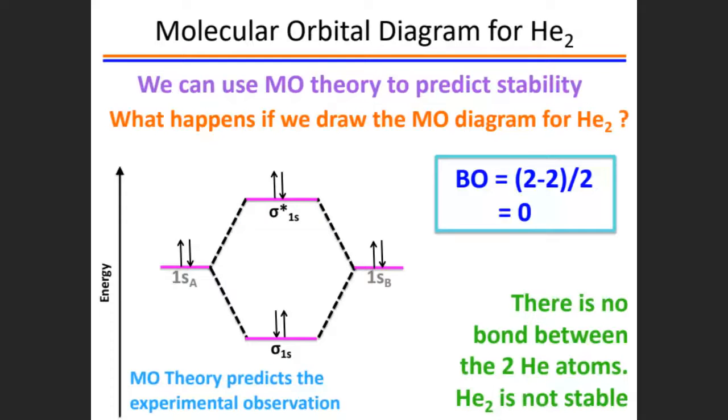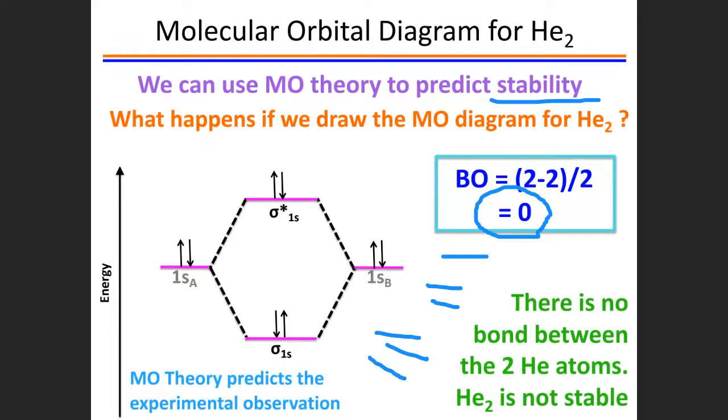We can use molecular orbital theory to predict stability. Because when you know the bond order, you know whether it will be single bonded, double bonded, or triple bonded.